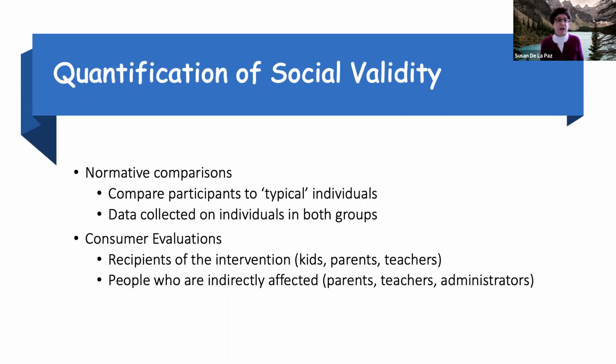You ask the kids. If the intervention is focused on parents, they could be the direct recipient, and you ask them. Same thing about teachers. The second layer of evaluation for consumers would be people who are indirectly affected. So if the child was the direct target participant, you ask the parents, and so on.